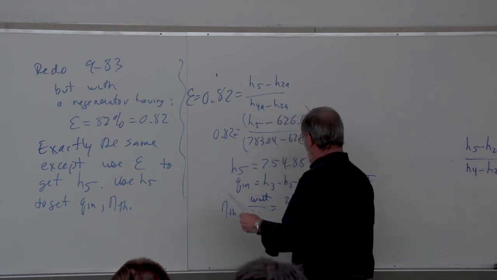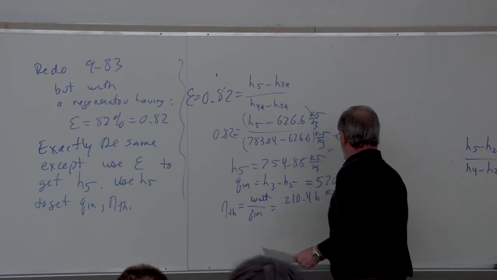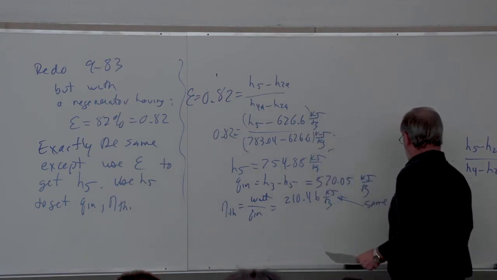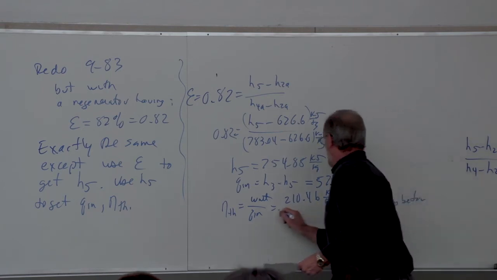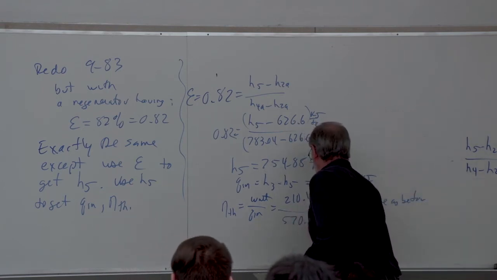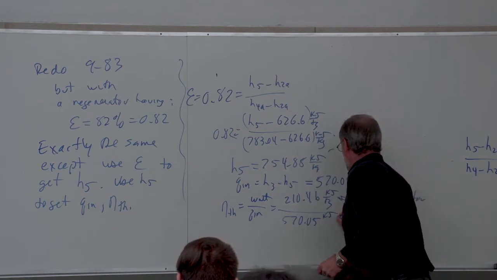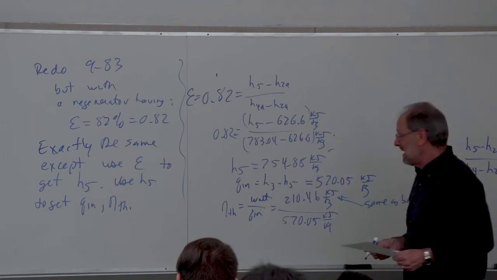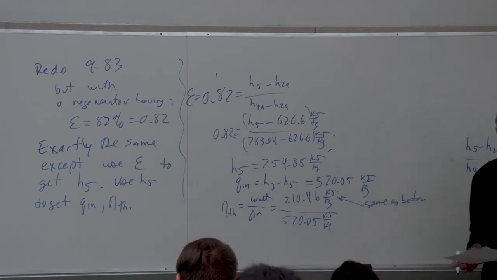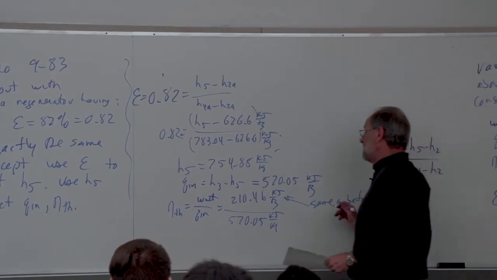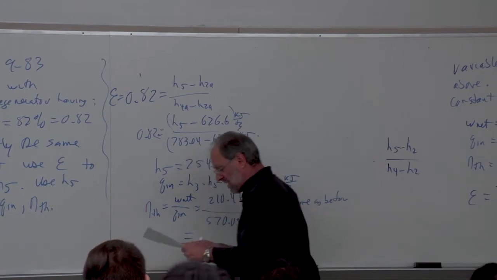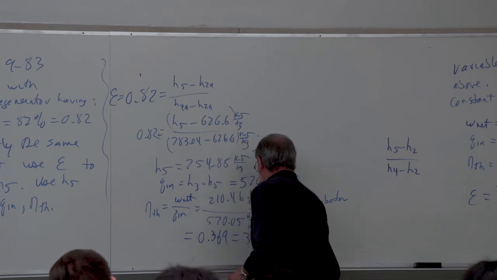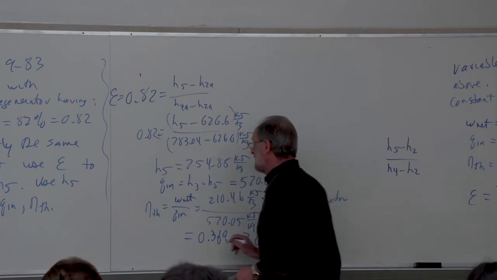The net work was 210.46 kilojoules per kilogram. Again, same as before. The heat input is the only thing that's changed. And you can see that it does drop, right? The previous heat input we found is 698. And this is 570, so that's almost a 20% drop of the heat input. And our thermal efficiency should rise accordingly, and this goes up to 0.369, or 36.9%.